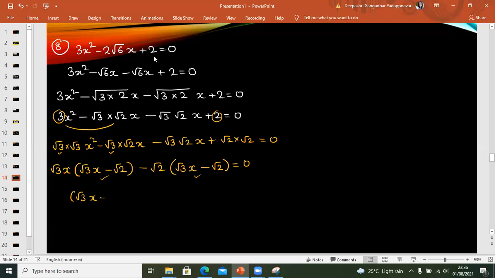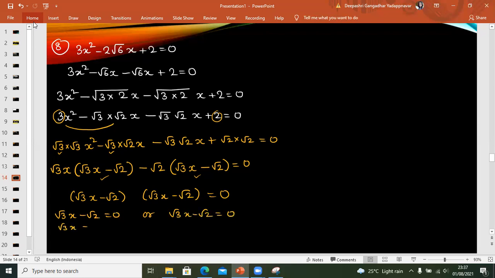Let's write the bracket separately. Root 3x minus root 2, root 3x minus root 2. Okay, so remaining number equals 0. Separately we will write root 3x minus root 2 equals 0, or root 3x minus root 2 equals 0.